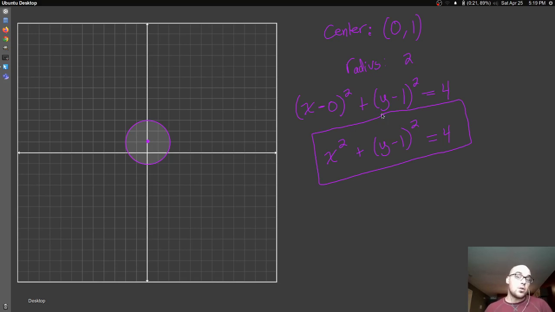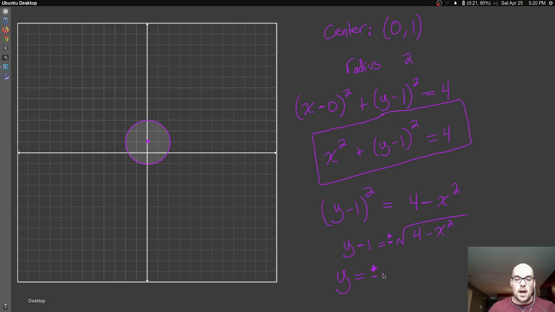It is possible to rearrange this in a y equals format, where I could subtract the x squared from both sides and get y minus 1 squared is equal to 4 minus x squared. And then I could take the square root of both sides and have y minus 1 equals the square root of 4 minus x squared, and then add my 1 at the end. Now I would have to make sure I'm taking the positive and the negative root there.